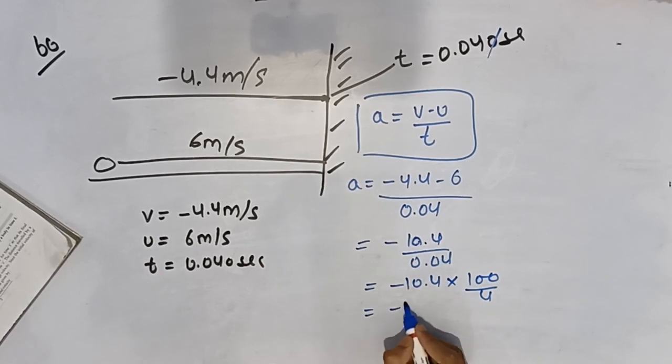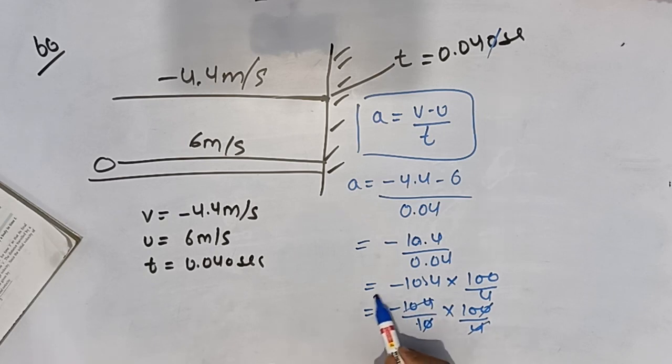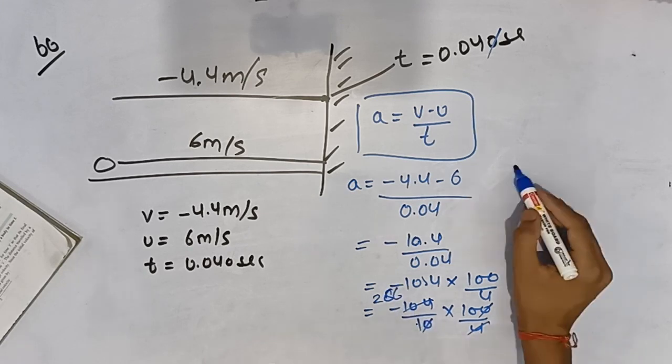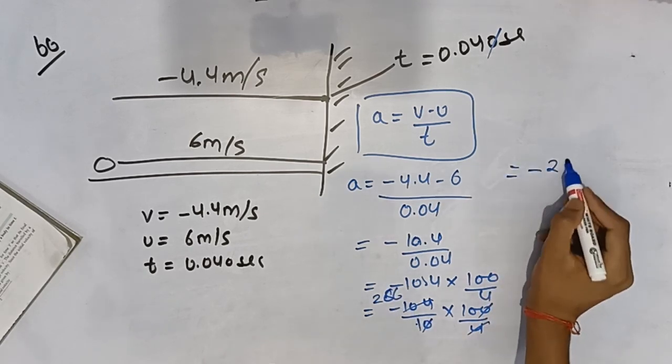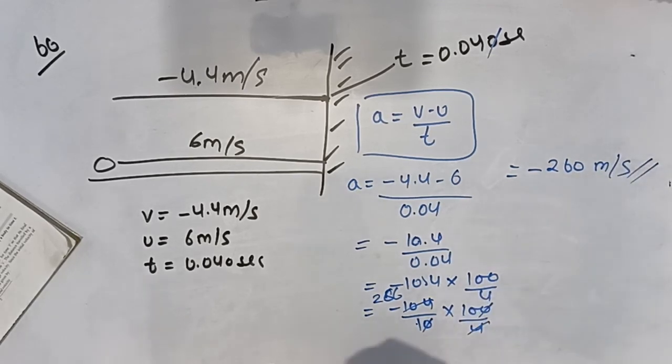Now the decimal point will be removed, and the 4 cancels. Working it out, we get the answer minus 260 meter per second. So this is the answer of our question number 60.